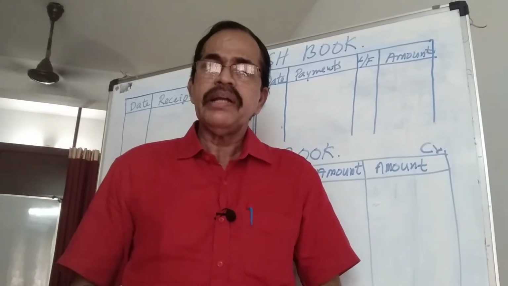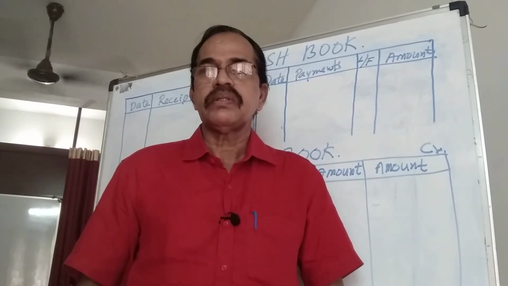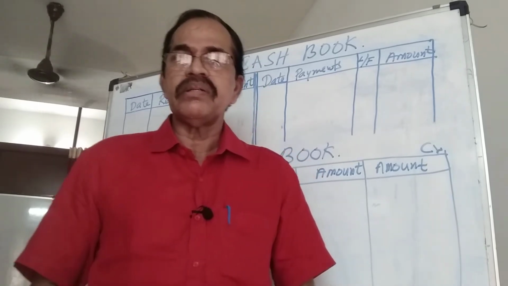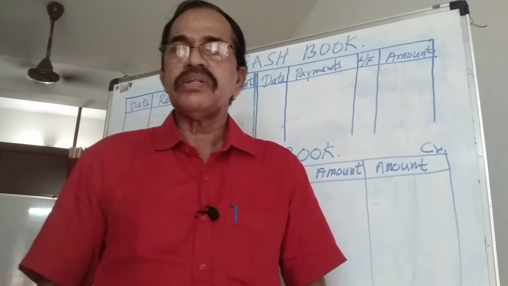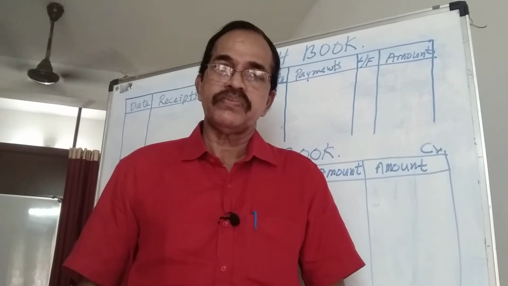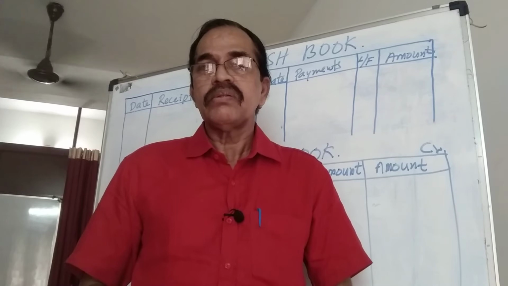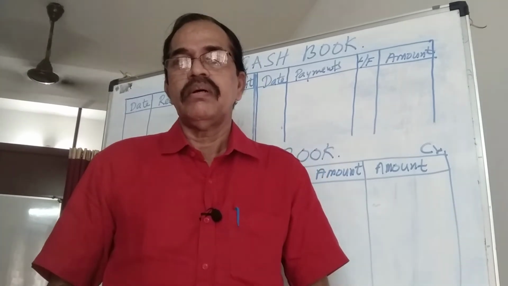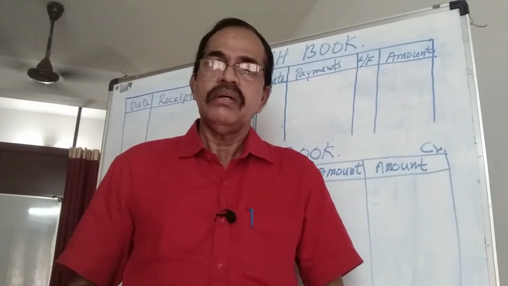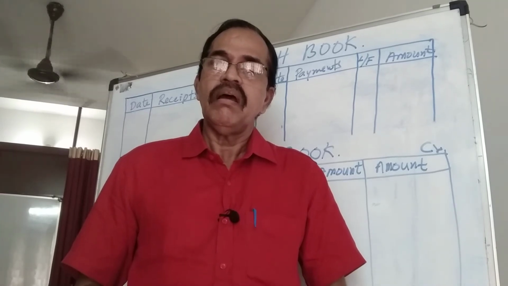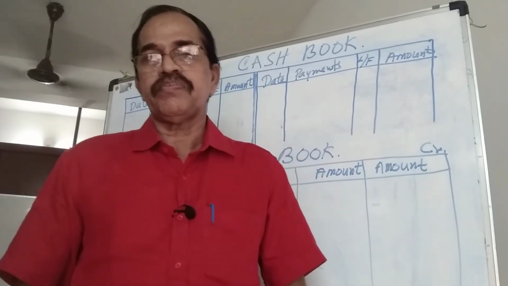Now we have these 8 subsidiary books, which means we need 8 accountants to manage them. After the subsidiary books, again, we have 3 ledgers. We have debtors ledgers, we have the creditors ledgers, and then we have general ledgers.